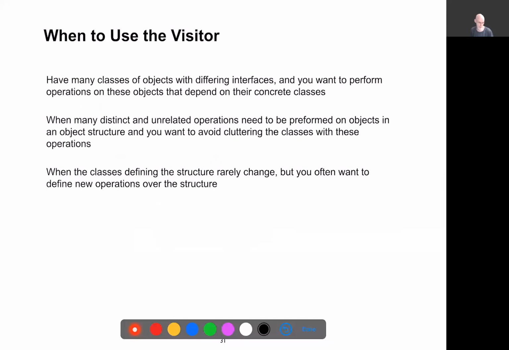Yeah, the text talks about when you want to use this. It's not the most commonly used pattern from the text. I think the easiest one to understand is, if you have a tree structure and you want to be able to do different things to the tree structure, it's easier to implement the basic tree structure, and then have the visitor pattern add more of the operations on it.